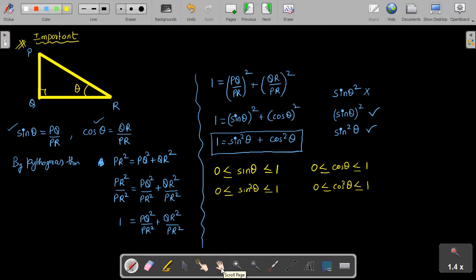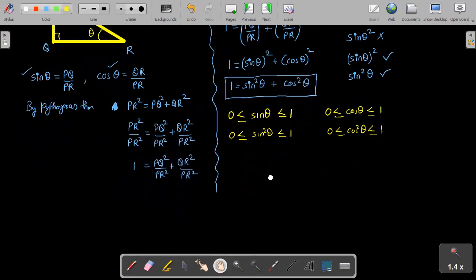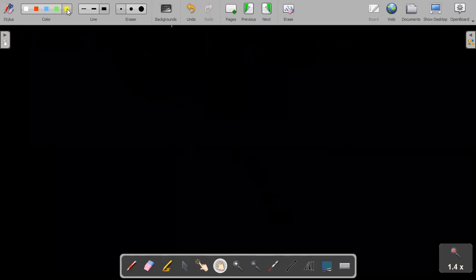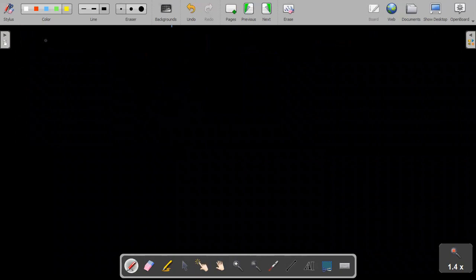Just one more question for you to solve, and then we can continue with the exercise and problem sets tomorrow. Here is the question. In triangle PQR, angle Q is 90 degrees and angle R is theta.